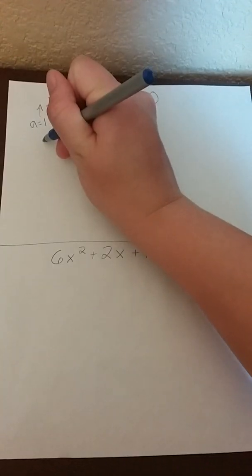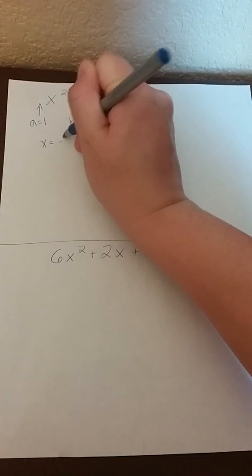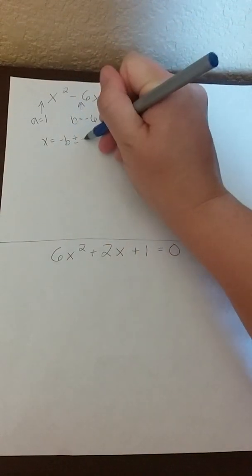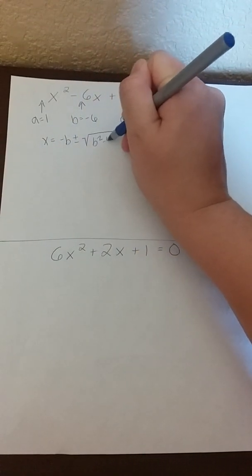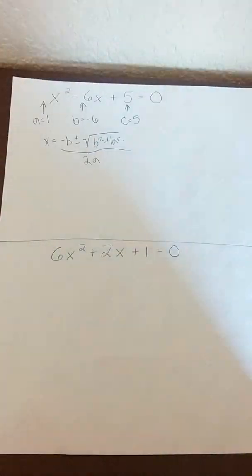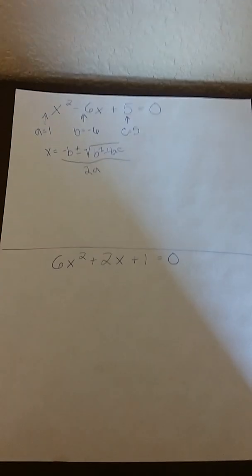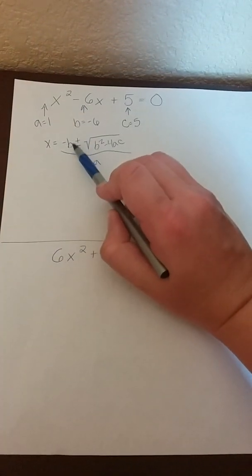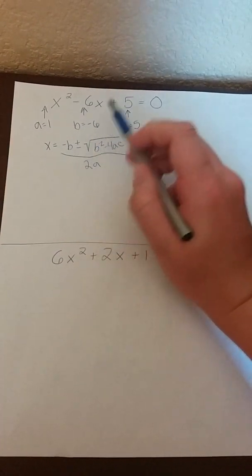Now I'm going to plug those numbers into the quadratic formula. So the quadratic formula is x equals negative b plus or minus square root b squared minus 4ac all over 2a. I'm going to plug things in. We have negative b here, and b is negative 6.